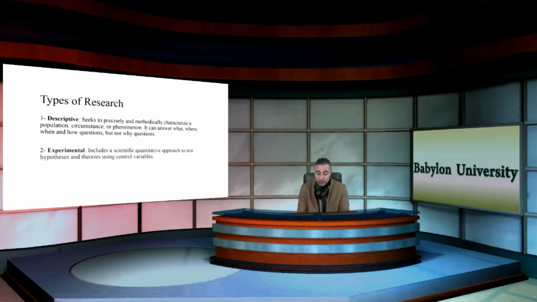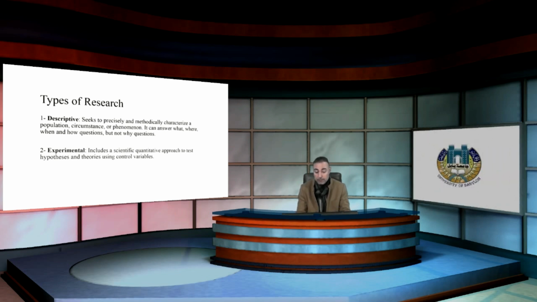The second type of research is experimental. From the title, we can tell that it comes from an experience, so we are implementing an experiment to get this research done.